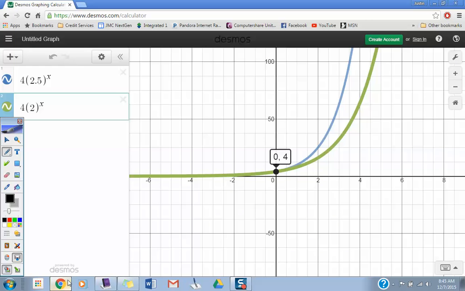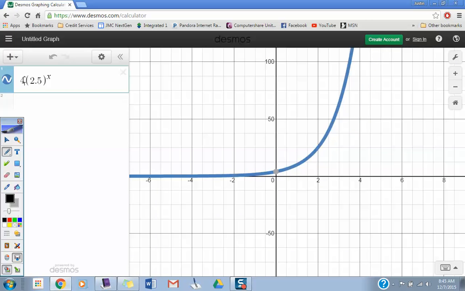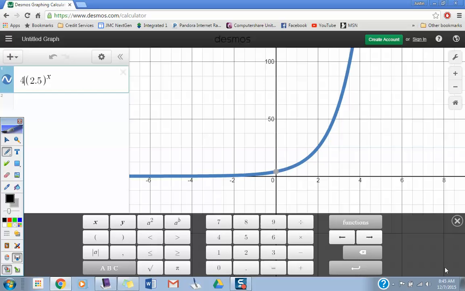And I'm going to punch that in. Y equals 3 times 3 to the X.